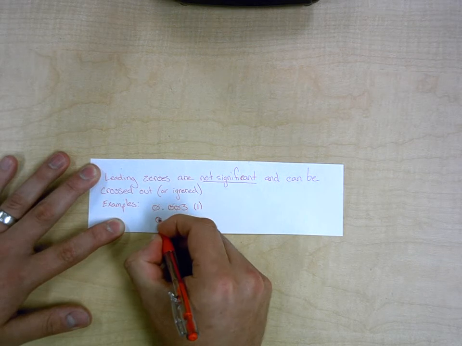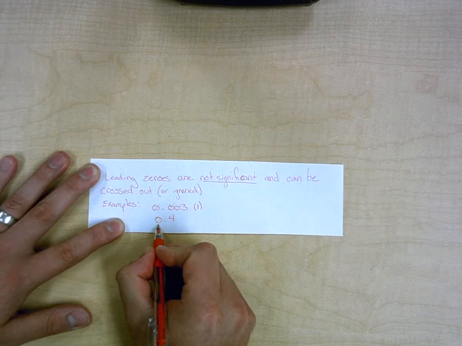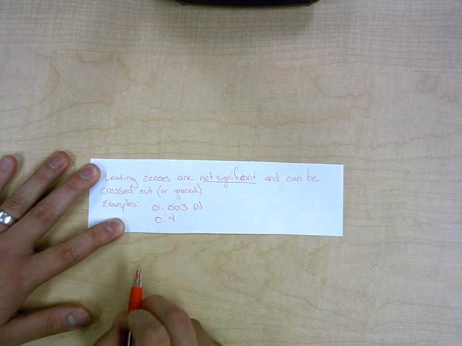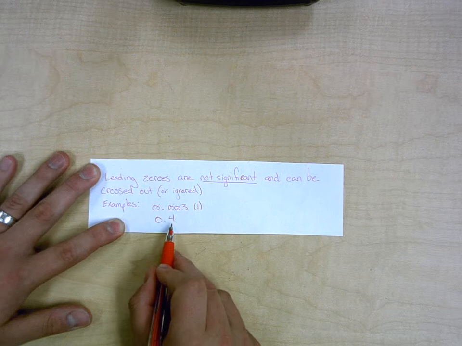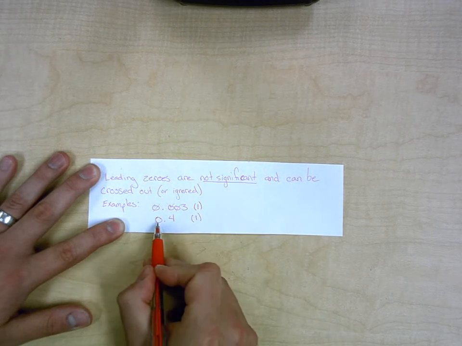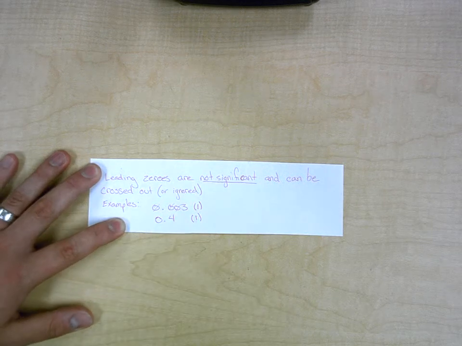Another example, 0.4. Again, we have a leading zero. So we can ignore that it's there and just count the 4 as significant. So we have one significant digit. So in this number 0.4, only the 4 is counted as a significant digit.